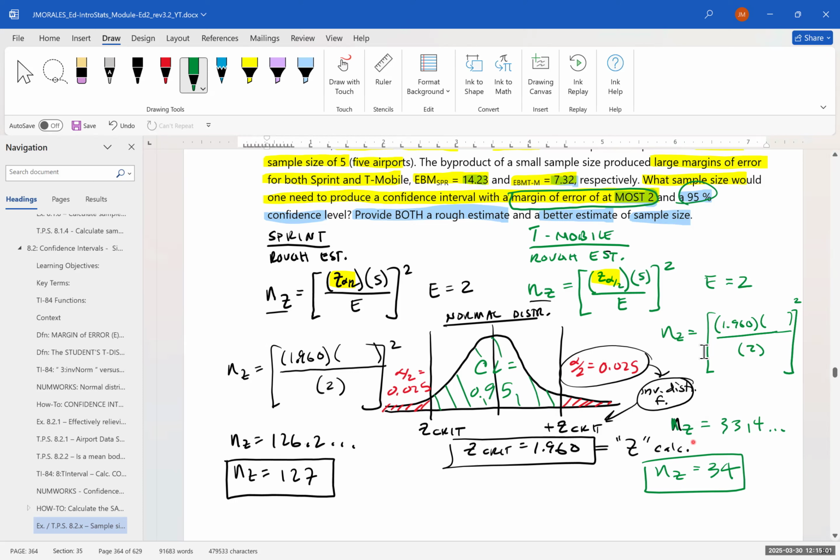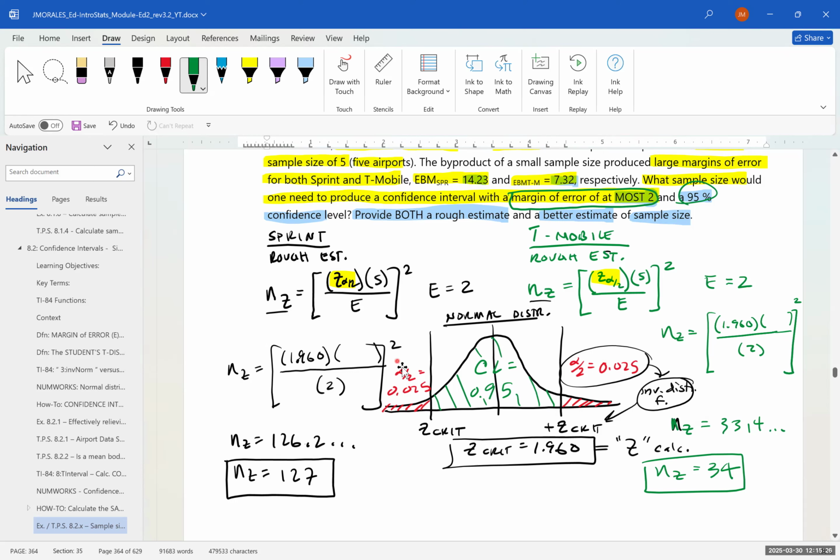But what do we do now that we want to compare these two? Well, if you want to compare these two, you could have one at 127 and another one at 34. Like survey 34 T-Mobile people and survey 127 Sprint airports. I said people, I should have said airports.